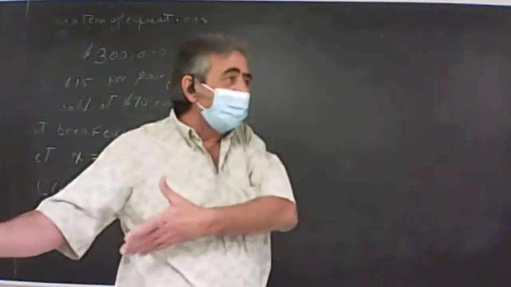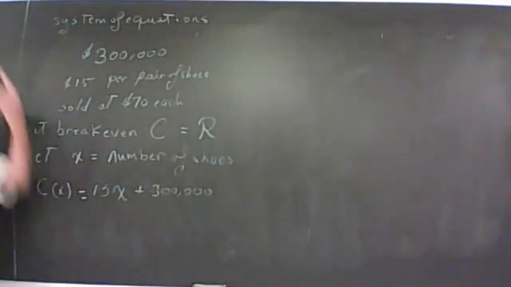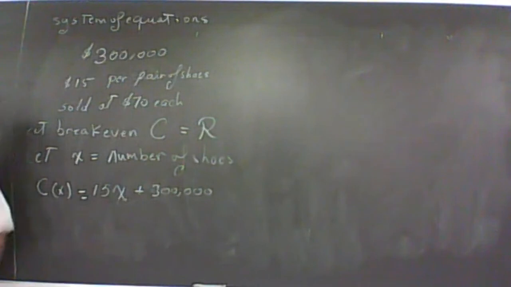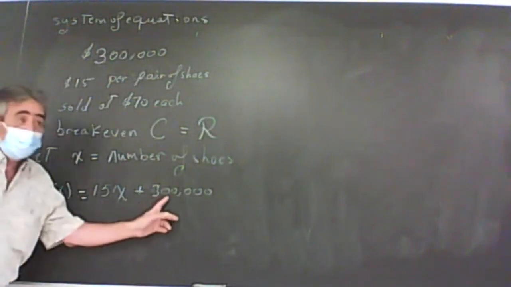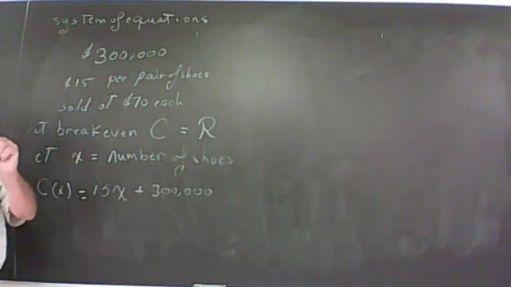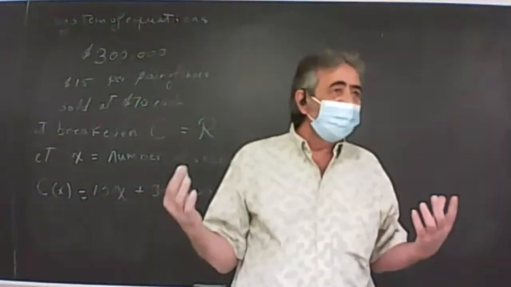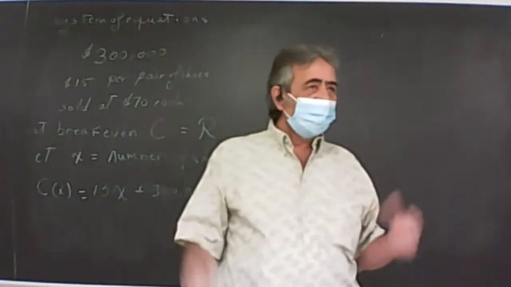You make one shoe, it costs you $15. So now notice, if the company just made one pair of shoes, how much is that pair cost? $300,015. Yes? That's why when you make a little of things, it costs a lot of money. Why?